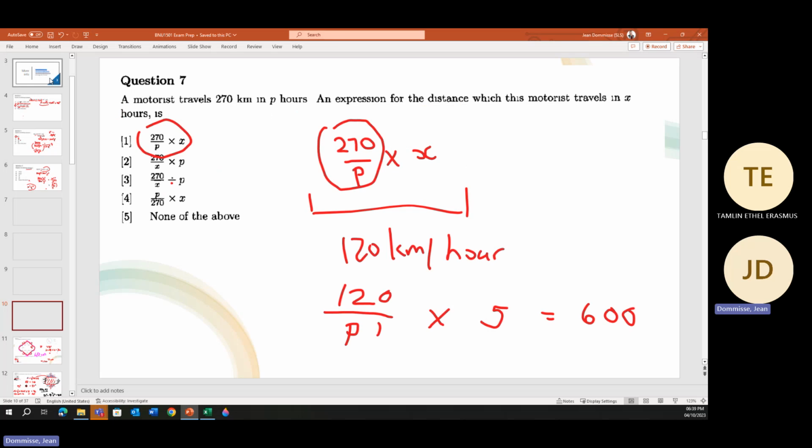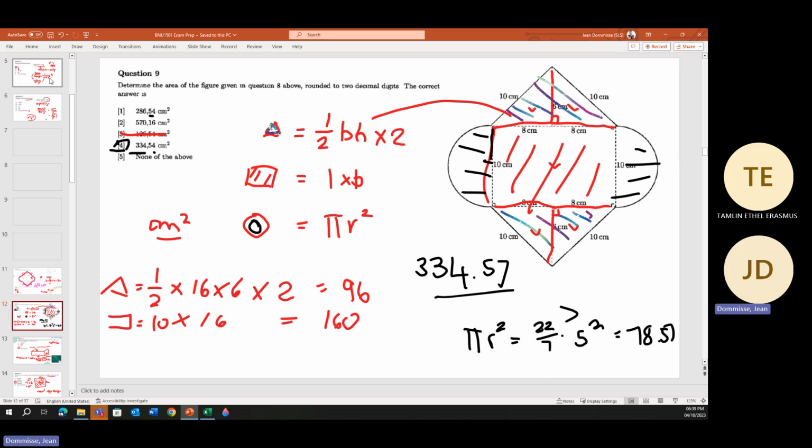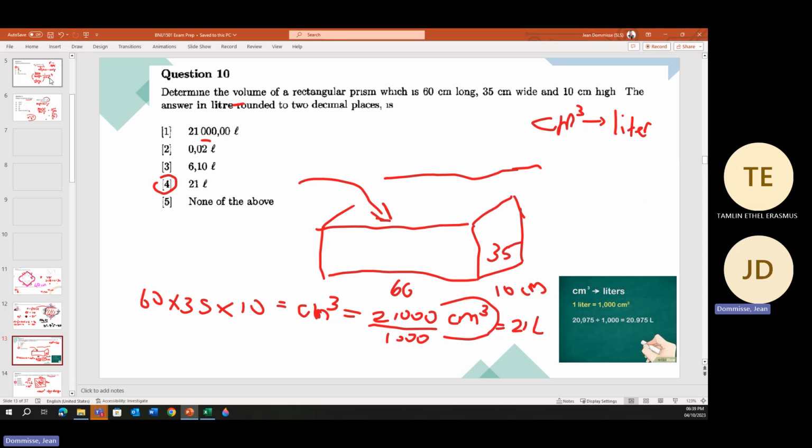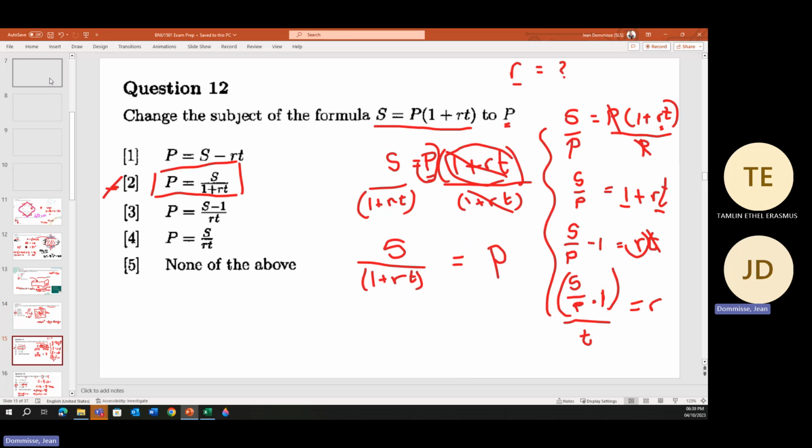Then it went into your measurements, so your circumference, your area, your volume, and then it went into a bit still to do with area, but using the area to work out the pricing.